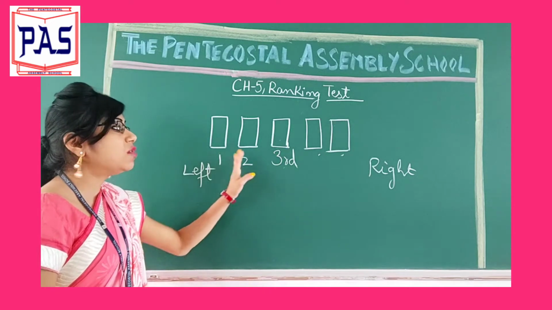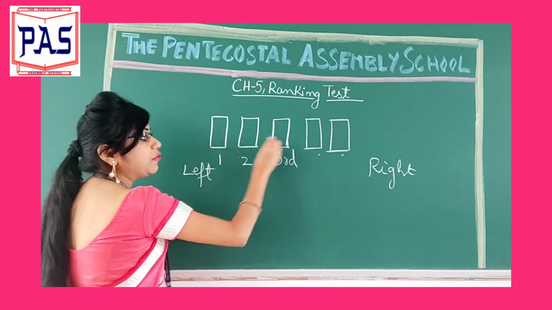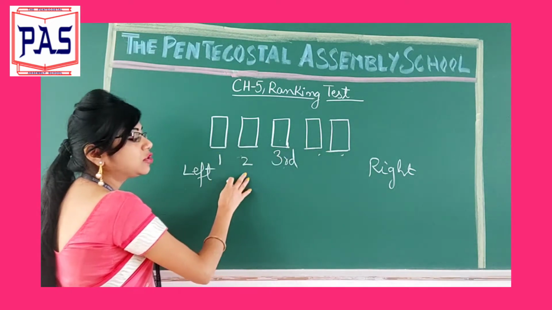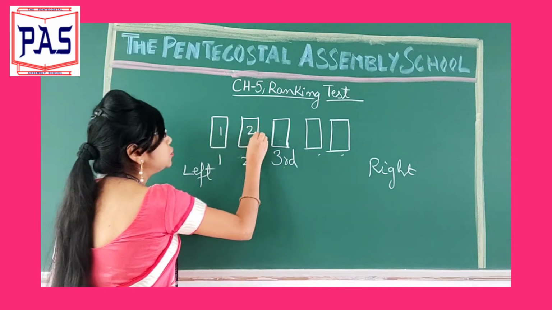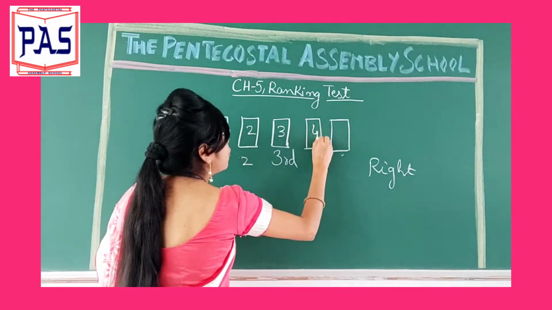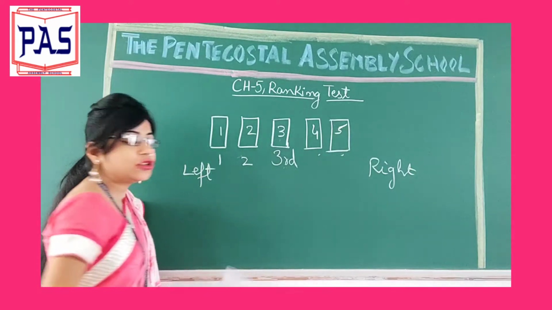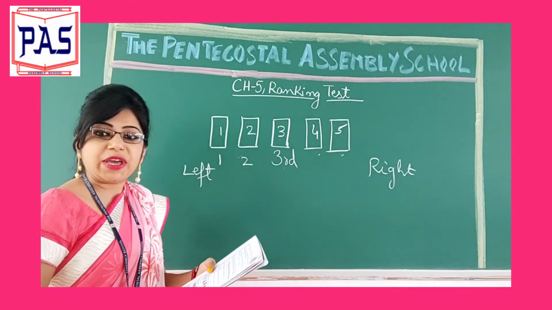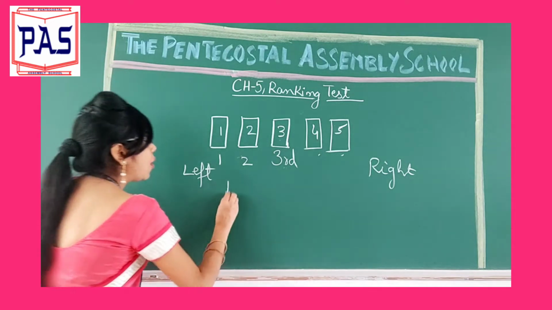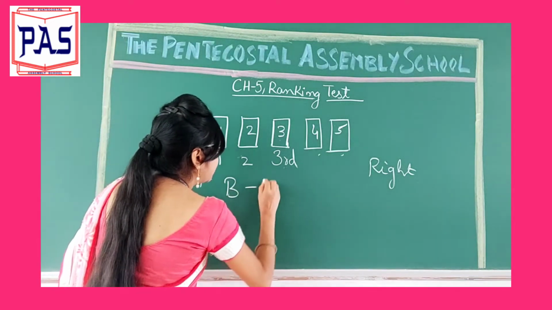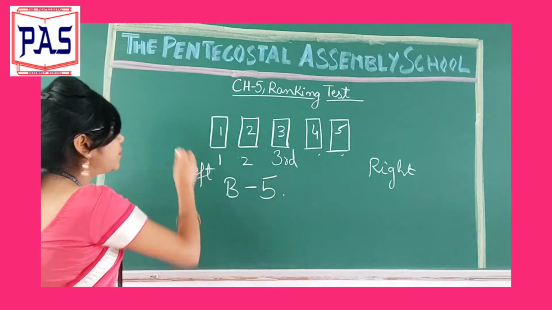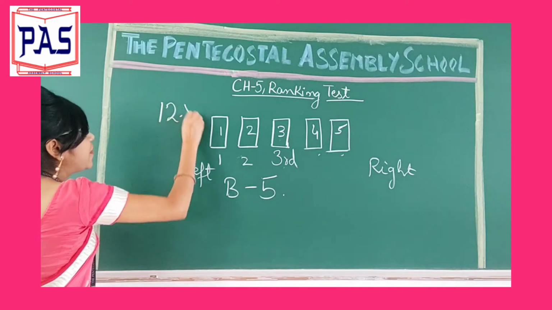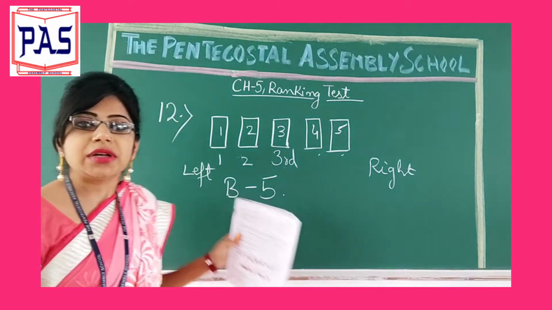So let us count how many photo frames you can see here on the board. 1, 2, 3, 4 and 5. So your answer will be option B, 5, for question number 12.